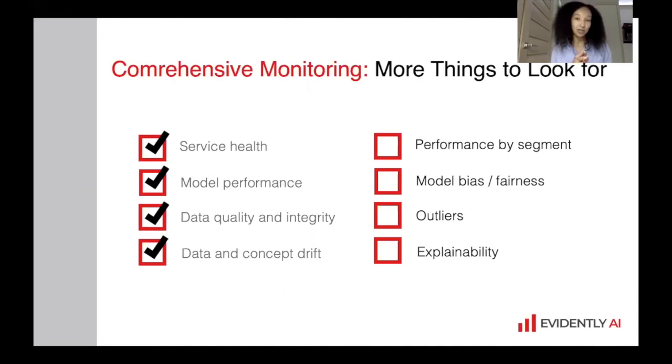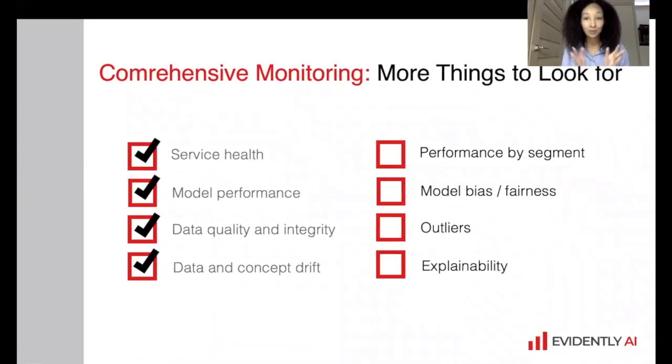And you need to be able to figure out the low performance segments to make sure you can somehow handle these groups of objects. Model bias and fairness are also very important, especially when, again, we use our machine learning model for some social services, because we need to make sure that our model is unbiased, even if there is some bias in historical data, and we are able to account for it.